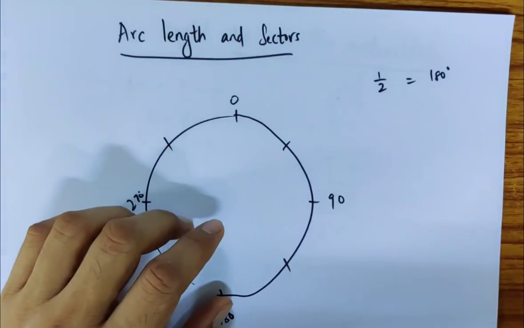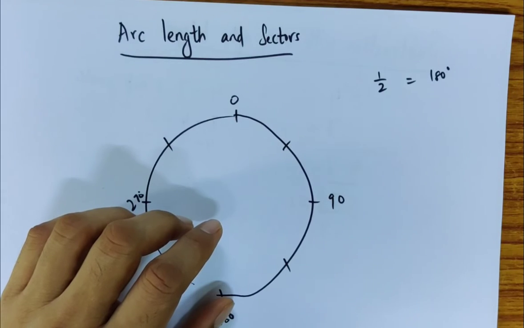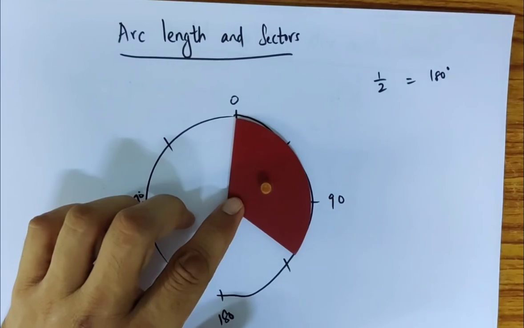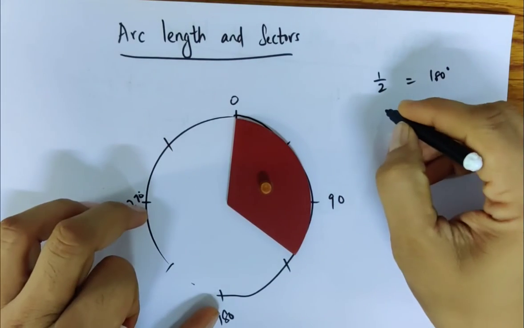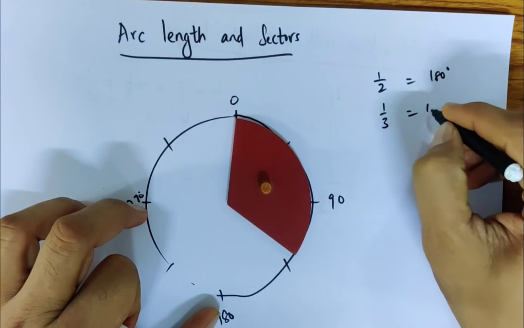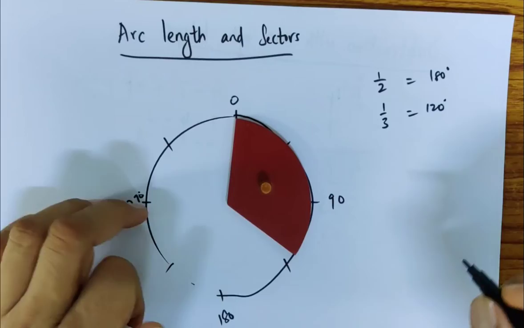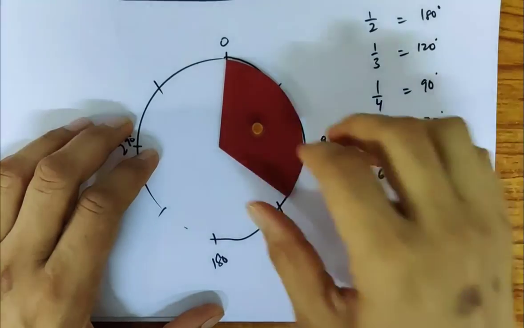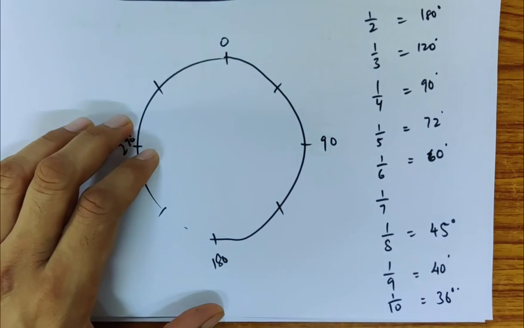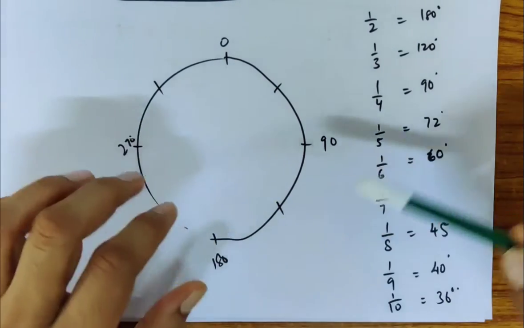So if they take other pieces, so if you take a 1/3, then it will show that 1/3 is 120 degrees, and so on.